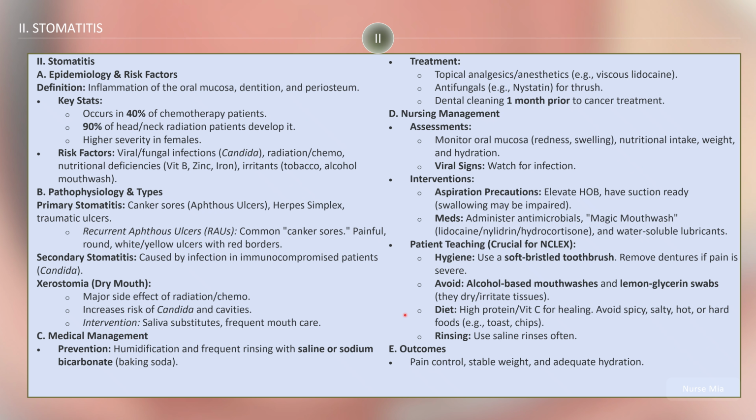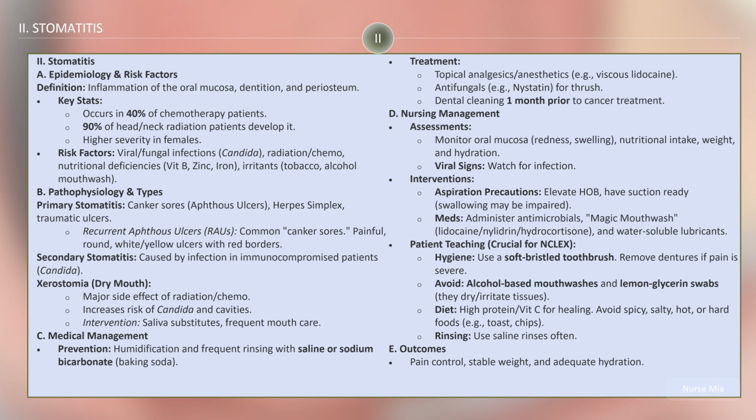Patient teaching. We need proper mouth hygiene, using a soft toothbrush and frequent mouth care with warm saline or baking soda. Avoid alcohol mouthwash.